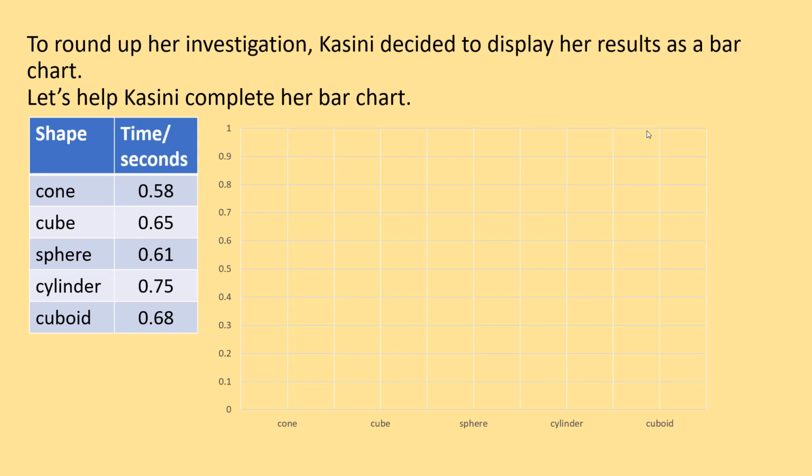I put the scale here and the names of each shape, and you have the time. Everything is ready. Just draw the bar graph, or you can print out this page and draw the bar graph. So I need the bar graph. This is one of the classworks.